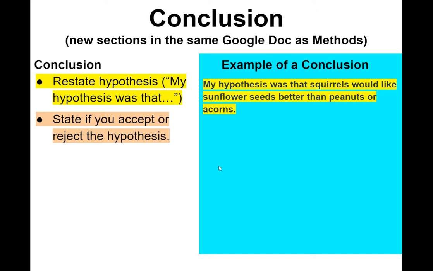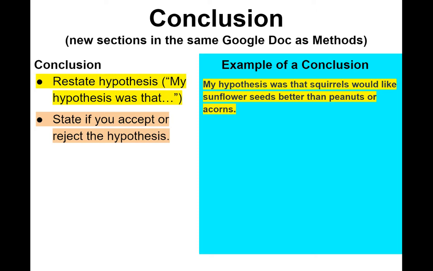Next, you will state if you accept or reject the hypothesis. Accept or reject, that's kind of formal science language. If your data agree with your hypothesis, you say you accept it. If your data disagree with your hypothesis, you say you reject your hypothesis. It doesn't have to perfectly agree with the hypothesis to be accepting.